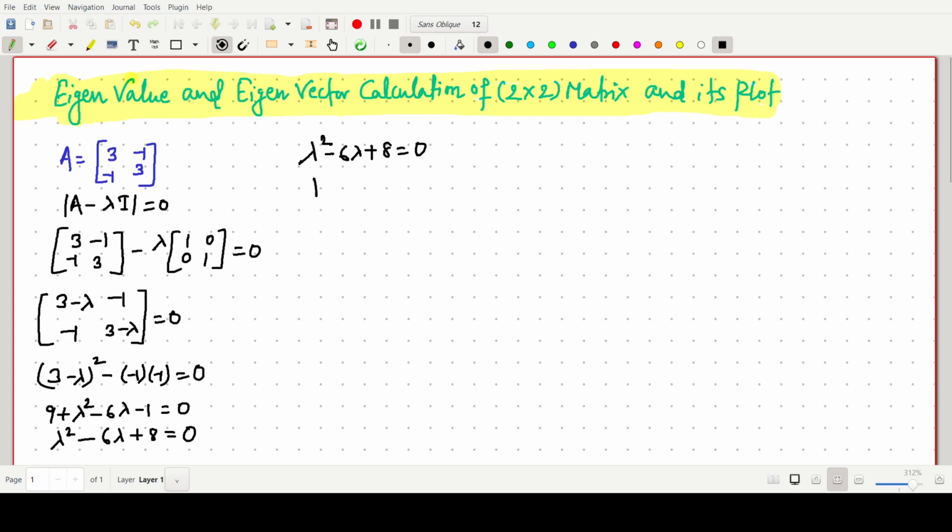Okay, so from here we can simply say this can be written as lambda square minus 2 lambda minus 4 lambda plus 8 equals to 0. So our simplified equation becomes, sorry, it should be 4.